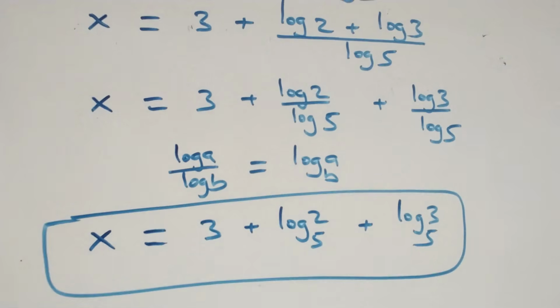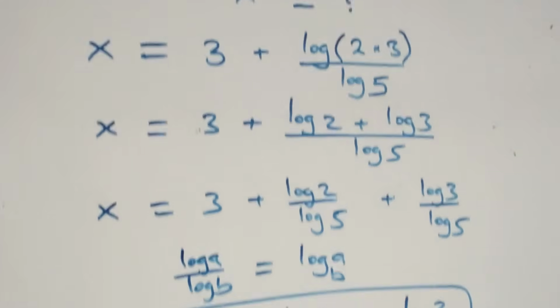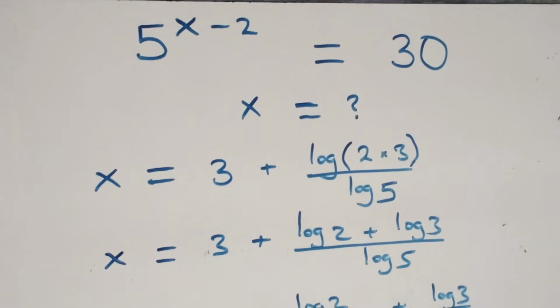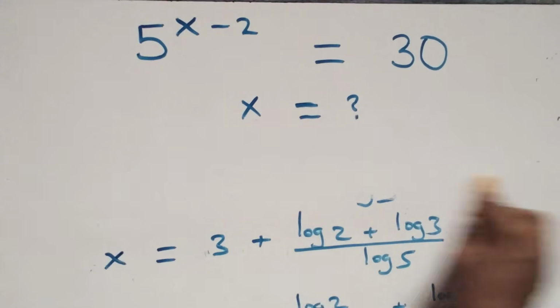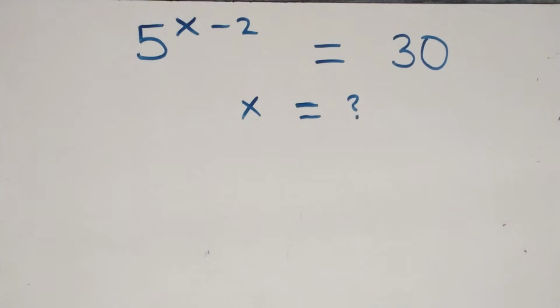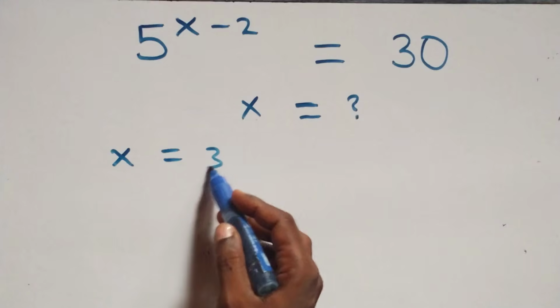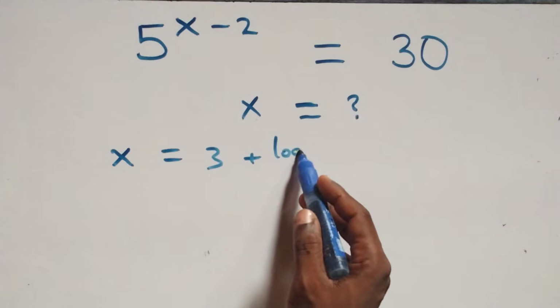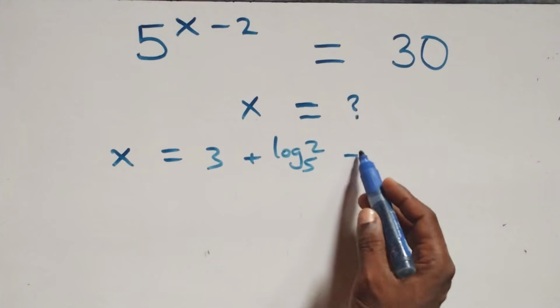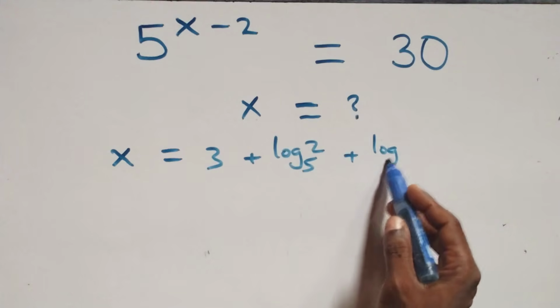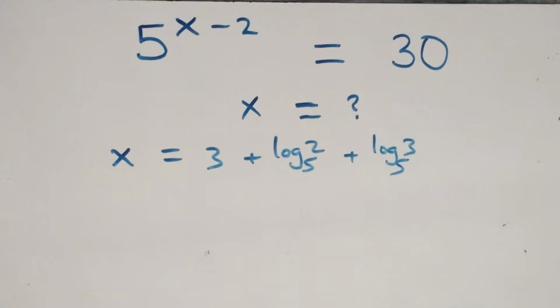Then let's check if this satisfies the given problem. We substitute the value of x, which is x equals 3 plus log 2 base 5 plus log 3 base 5.